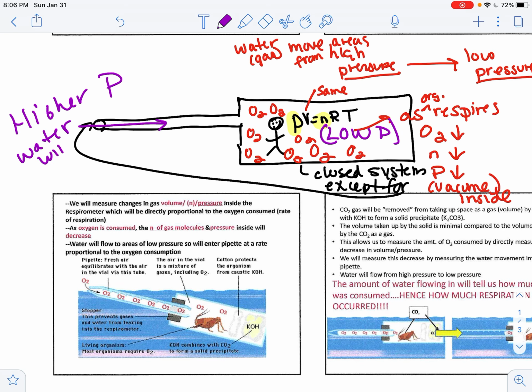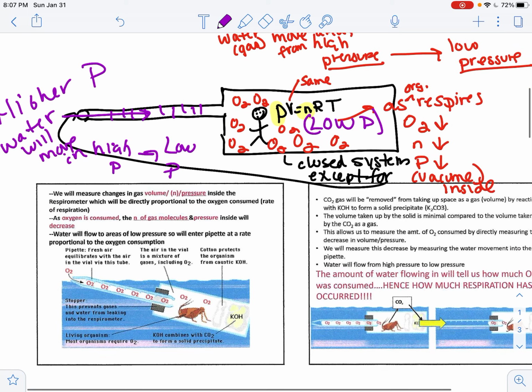Okay, so water will move in from high to low pressure, from high P to low P. That's essentially how it works. Okay, so as an organism respires, the number of oxygen molecules goes down, the pressure in here then decreases, and that sucks water in, and we have sort of lines on here, and we can measure how much water goes in over time, and count how much oxygen was consumed then per minute, I'm sorry.